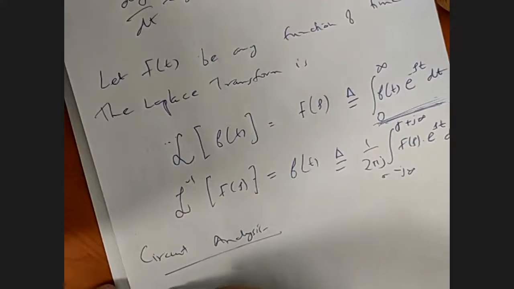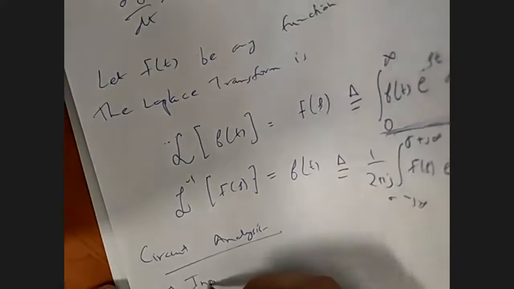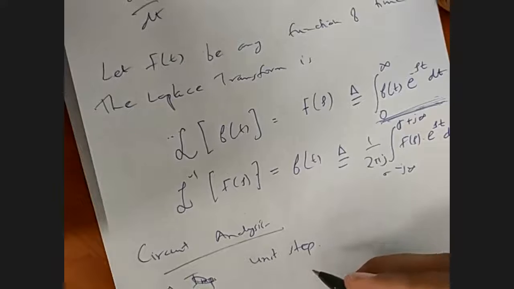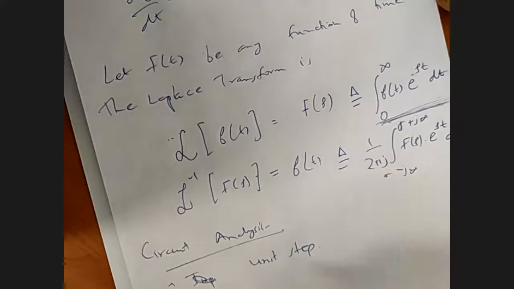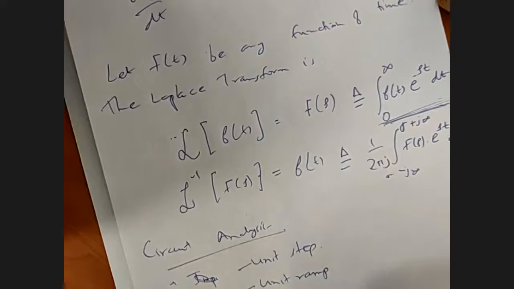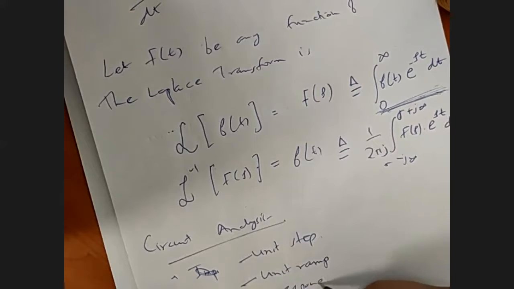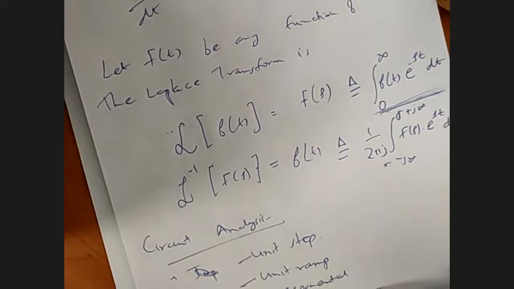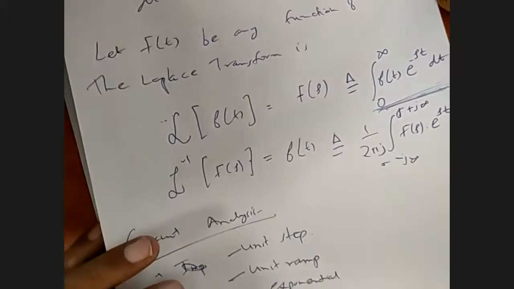They are generally referred to as inputs or various functions: unit step, unit ramp, then exponential, then sinusoidal, and so on. I will be explaining two of the functions, and then we will use the Laplace transform of various functions. We will not be discussing all the functions in detail.